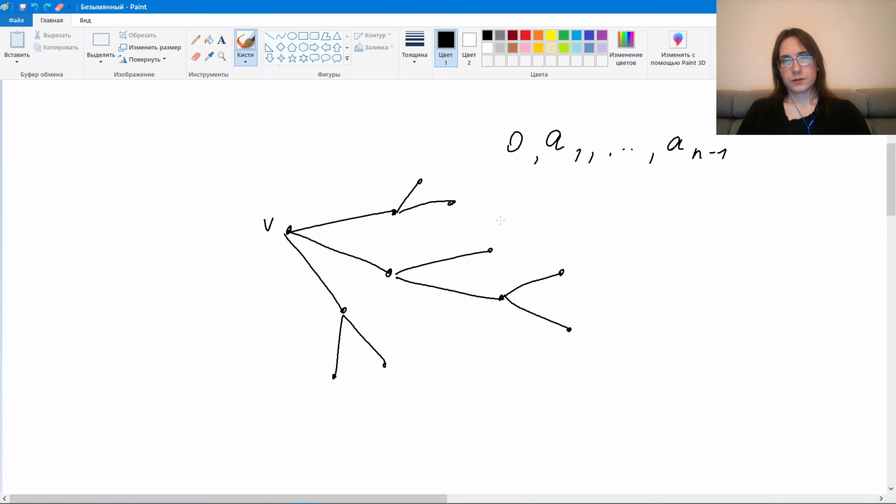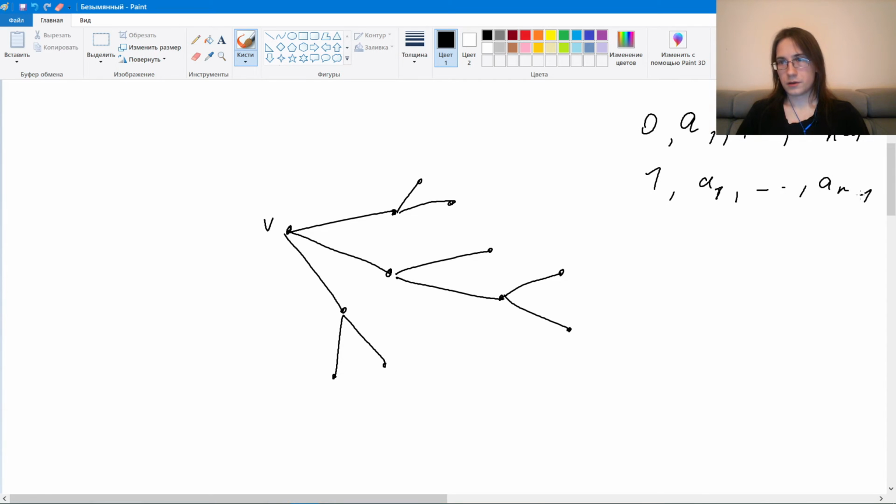So let's write out all those sets. 0, a1, etc., a n-1. Then 1, a1, etc. And so on. The last one will be n-1, a1, etc., a n-1. And yes, the order of the set does not matter.